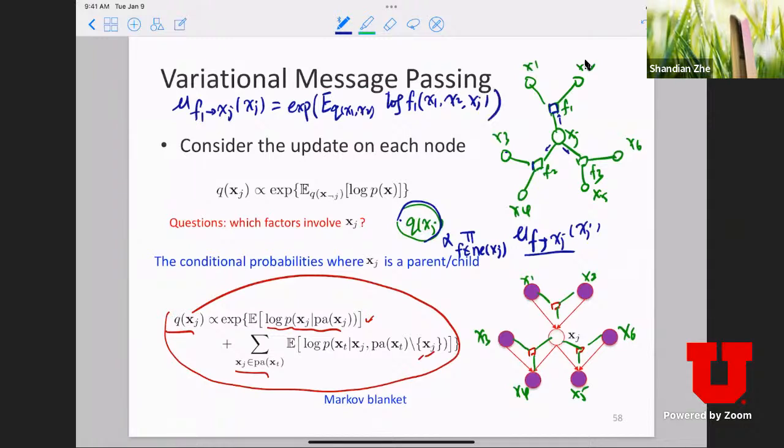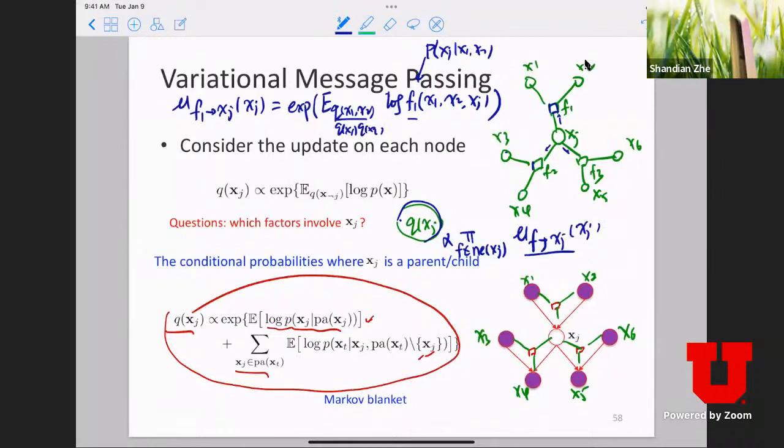Okay. And f1 is actually the conditional probability, which is p of xj given x1, x2. And remember, the message sent from x1, x2 to f1 essentially is q of x1 times q of x2, right? Because it's factorized. Then you just follow this rule to calculate the message from the neighboring factor f1 to xj.